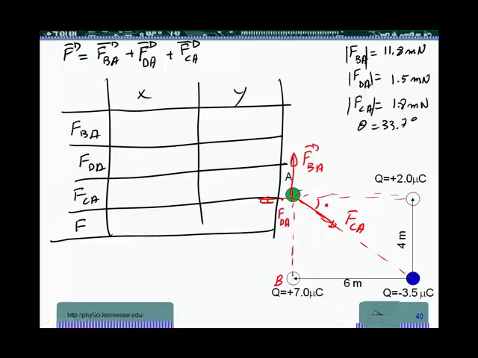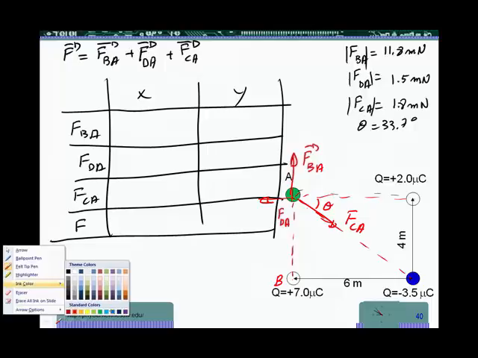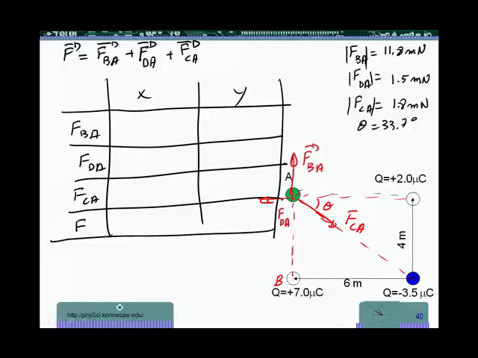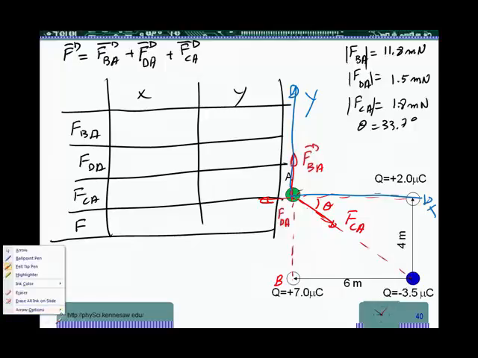We calculated this angle as 33.7 degrees. So we are somewhat ready. I'm going to change the colors to blue for a second. Okay, if I take this as my x-axis and this as my y-axis, I'm going to try to find for each one of these the x and y components.